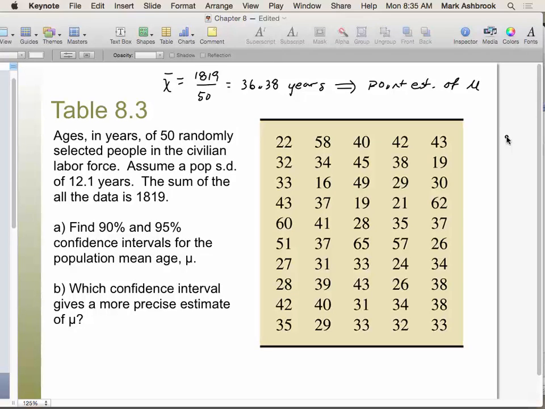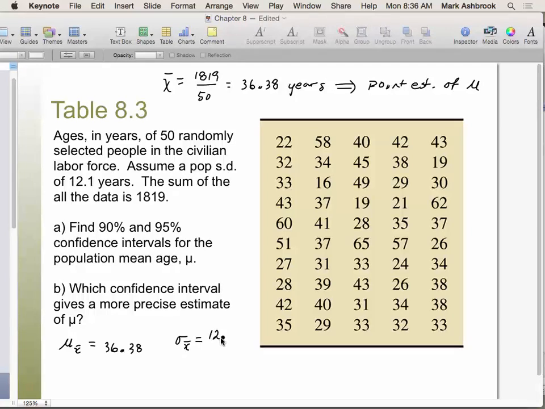So now we want a 90% confidence interval, but that's going to be based on a sample size of 50. So we need our sampling distribution data. Our sampling distribution has a mean of what and a standard deviation of what? 36.38, and a sampling standard deviation of 1.711.